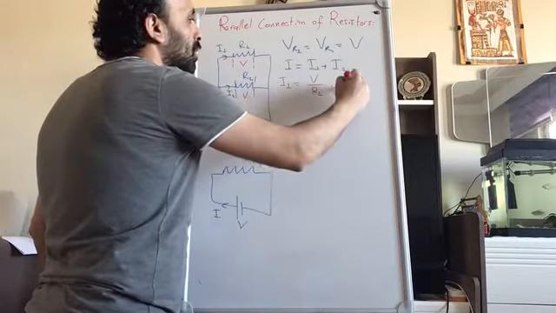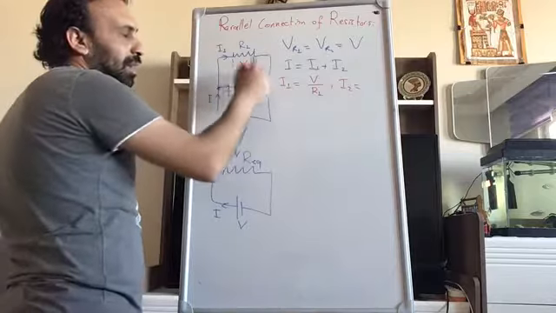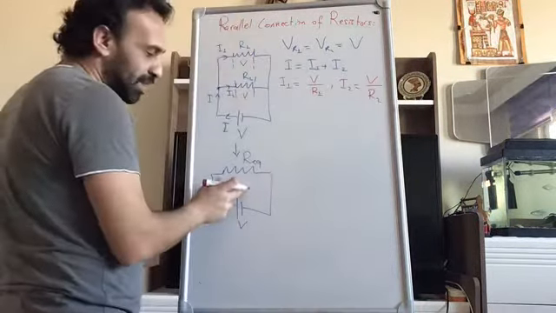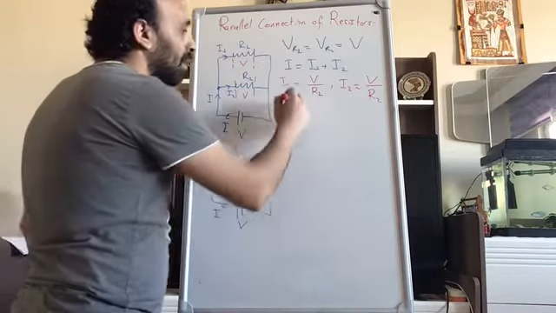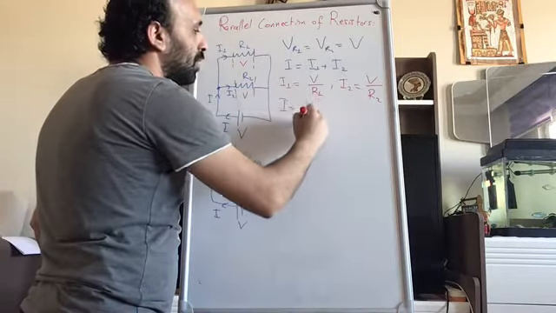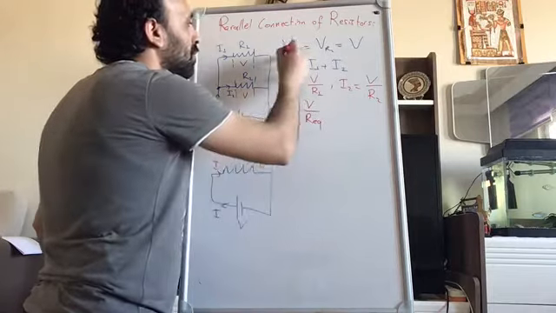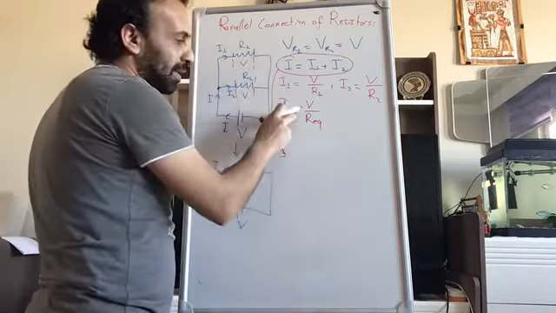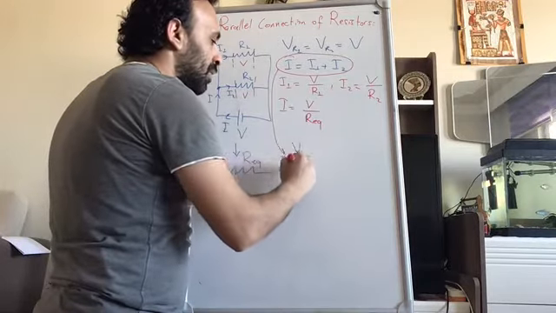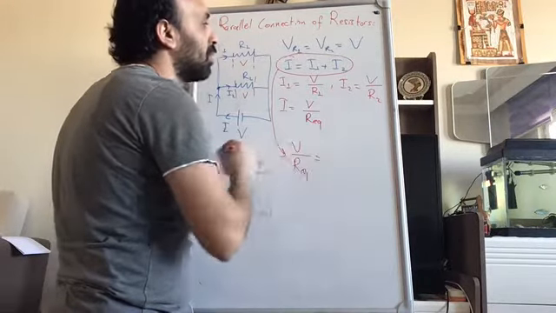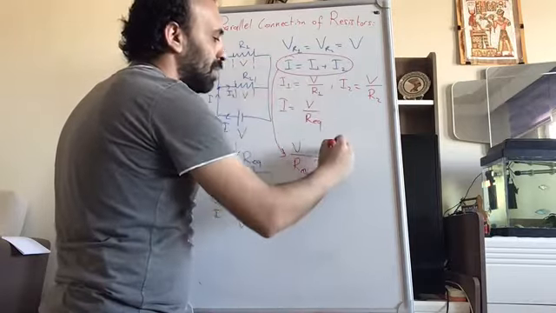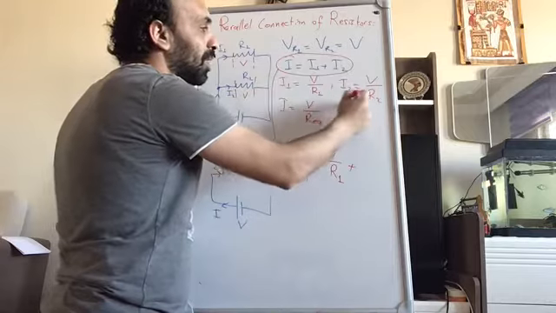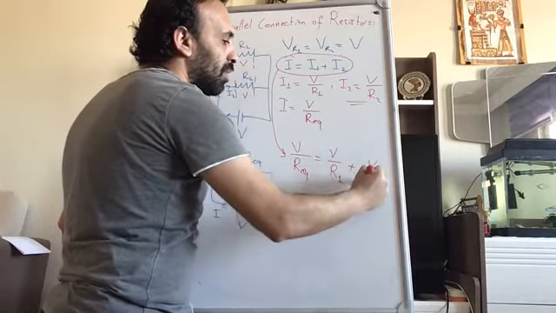And I2 from the second resistor by using Ohm's law will be V over R2, and from this system I will be equal to V over R equivalent. So now plugging this in, V over R equivalent will be equal to I1, which is simply V over R1, plus I2, V over R2.